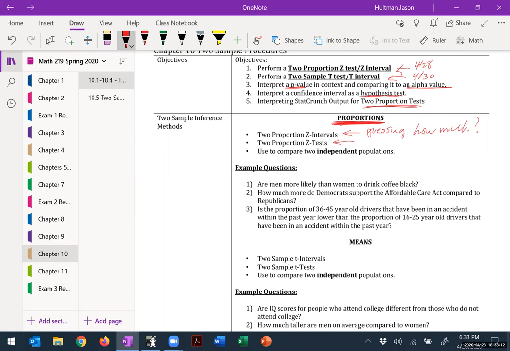We use an interval when we're guessing how much. We're trying to guess something about the proportion and trying to close in on that interval.